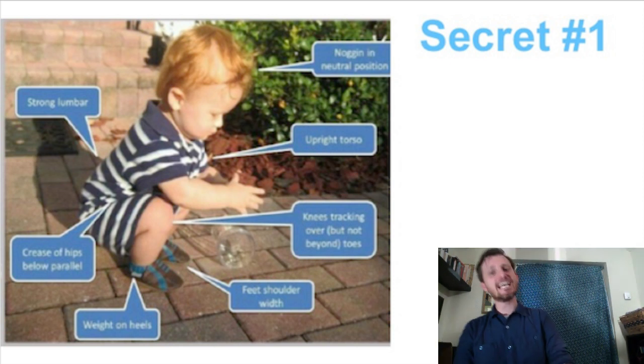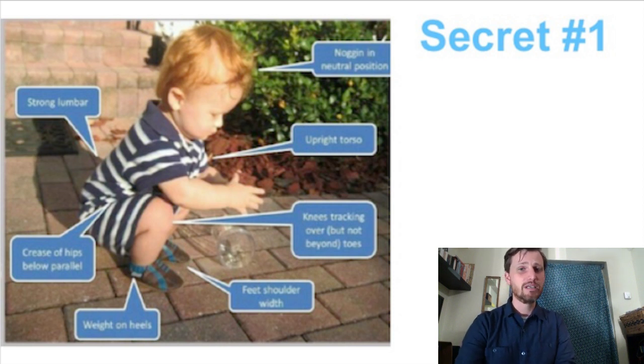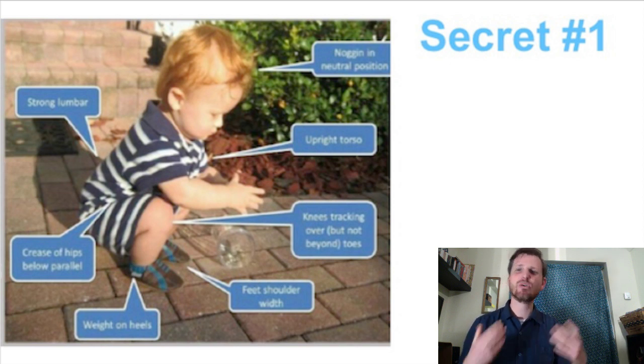Toddlers are actually natural role models for perfect alignment, whereas us adults have learned to get in our own way when we try to play guitar. After decades of sitting, slouching, working, and driving, we've gradually got used to postures and alignments that hold back our guitar playing. Adults have a big mental and emotional learning advantage over children because we can understand high concepts, we can stick with things for longer, build on stuff we already know and our experience of the world, we can problem solve, plan, and think forward, and generally not go cry in a corner if it's not going our way.